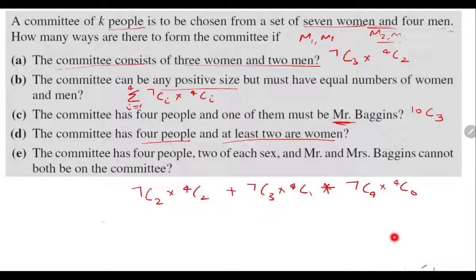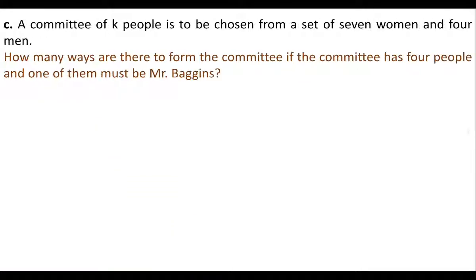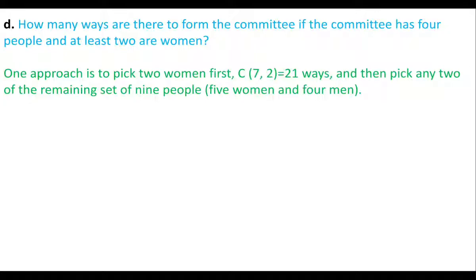So the other approach could be 7C2, and then out of the remaining people, which is 9, you pick 2. Is it correct or not? Think over it. Give it some time and think whether it is correct or not. So this is what I have discussed.